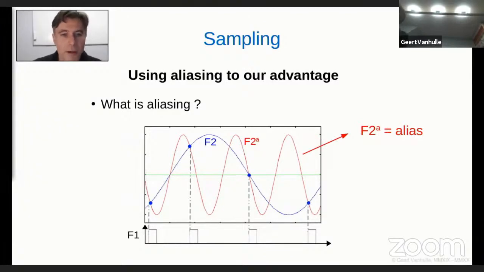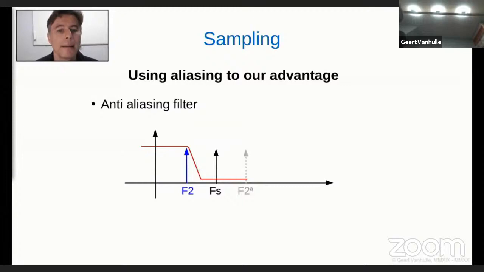Now, in general, how is this being solved? Well, we will add an anti-aliasing filter. We will put a low-pass filter after the sampler to filter out this f2 alpha frequency. Now, this f2 alpha is preserved after sampling as a frequency at the position of f2.